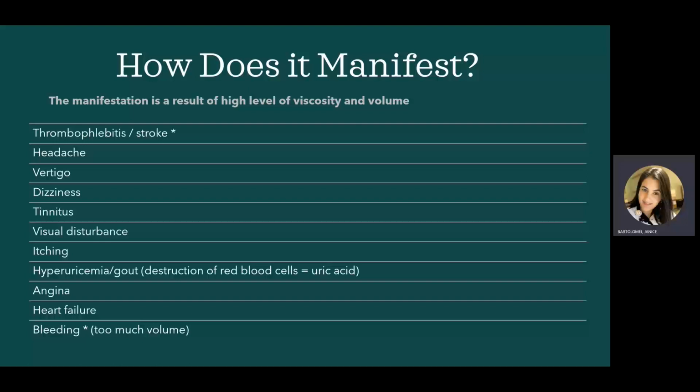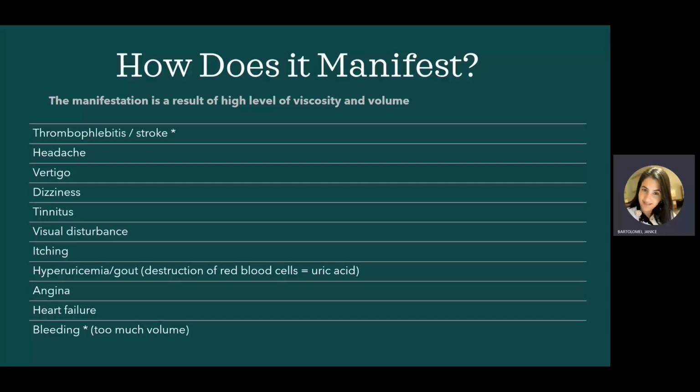They're not developed, and so the body kills them, or destroys them, that's a better word for it. And so it elevates that bilirubin. It also elevates the uric acid, and that's what the itching comes from.